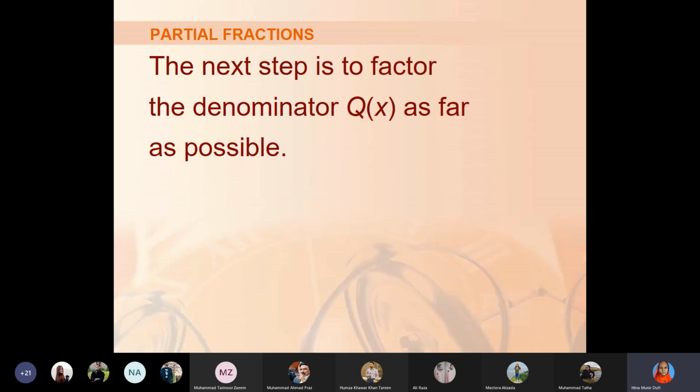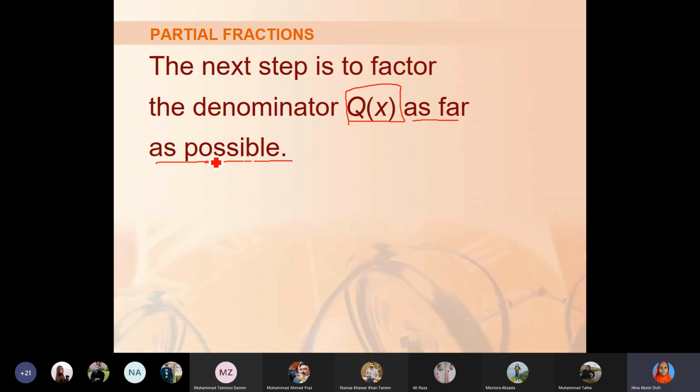The next step is to factor the denominator q of x, the polynomial in my denominator. I have to factorize it as far as possible. This "as far as possible" is very important. If you can take a constant common, you have to take that constant common. And how to factor?